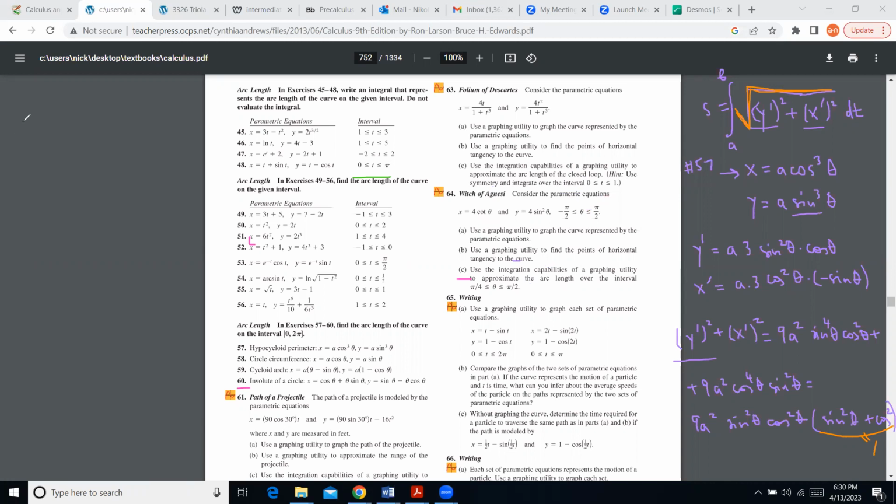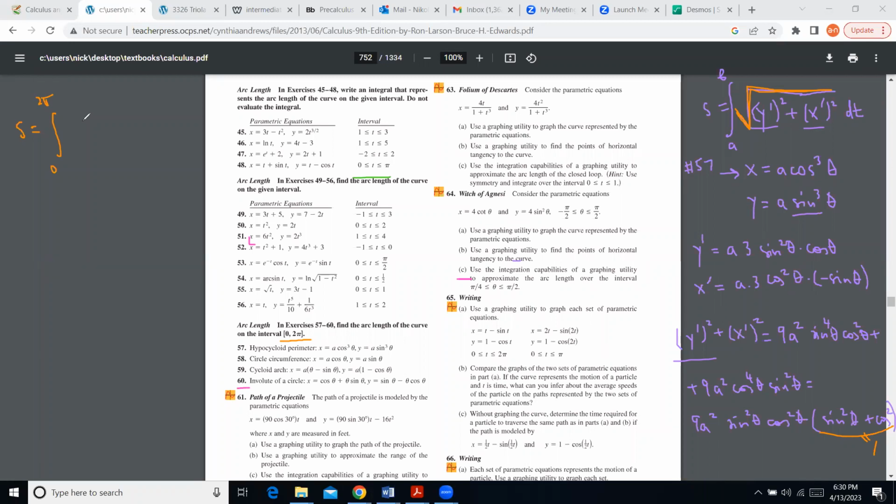But anyways, the arc length is going to be integrating. Now, the parameter varies from 0 to 2 pi. Okay, looks like it's the same for all of them. The parameter is theta, so standard.